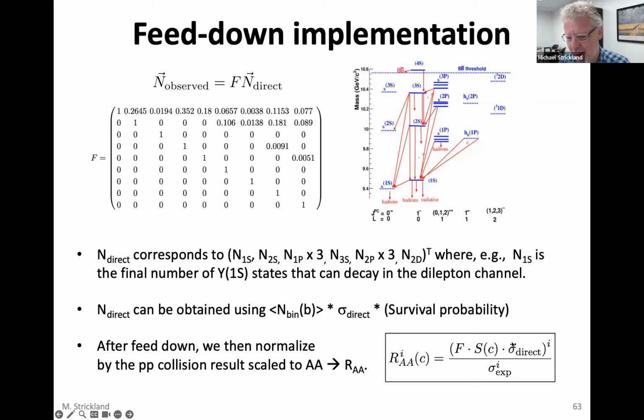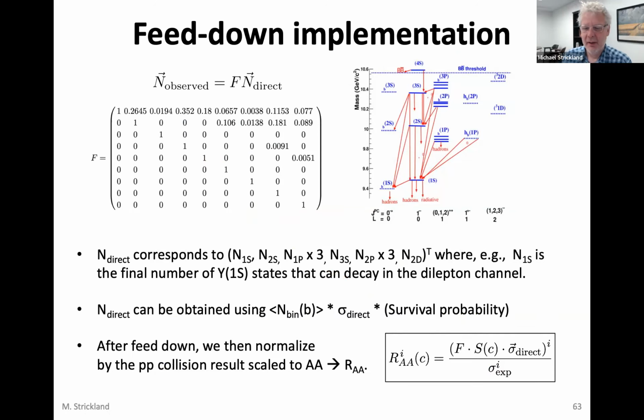So in practice, what we do is we take the direct production cross-sections in PP, we then compute the survival probability in a given observable class C, we then attack it with this feed down matrix, divide by the experimentally observed cross sections in PP, and that gives us RAA. If we didn't have a quark-gluon plasma, this S would be 1, and by definition, this ratio turns out to be 1.